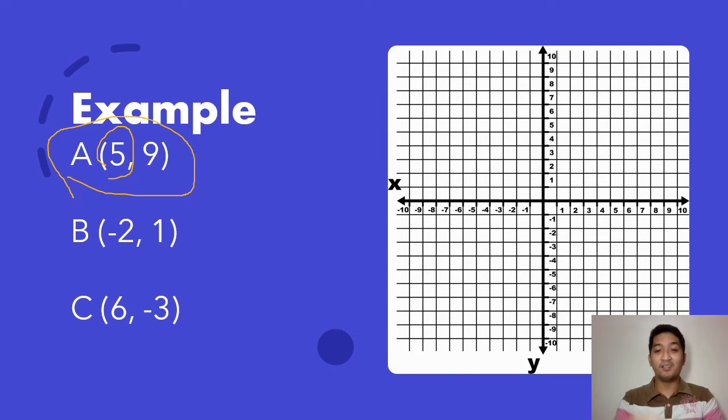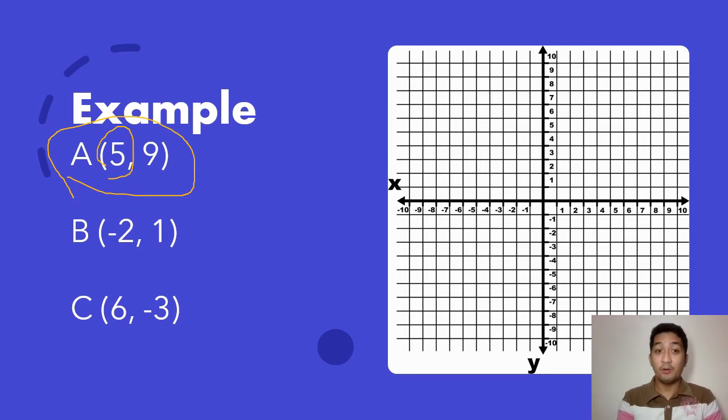Since abscissa yon, x-coordinate, alin ba ang x-axis? Yung nakahiga. Is 5 positive or negative? Positive po, so dito ako titingin sa positive. You just count 1, 2, 3, 4, and then 5.